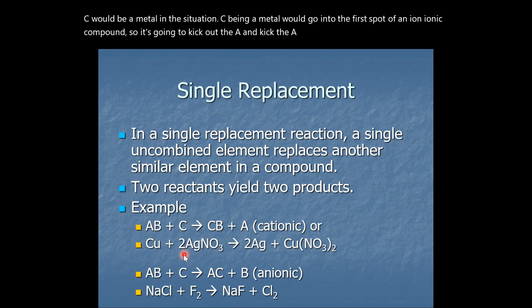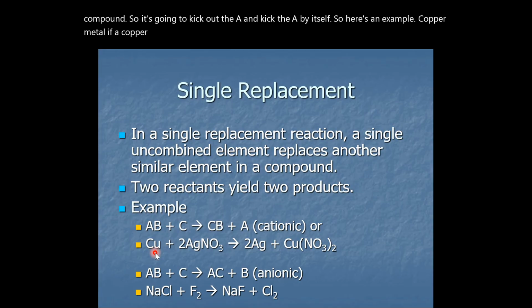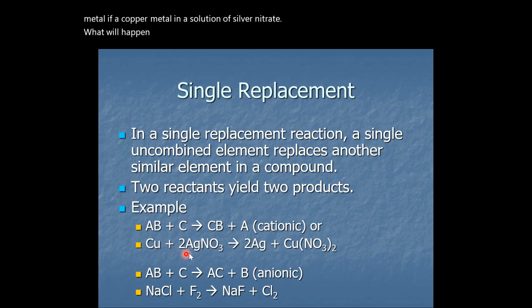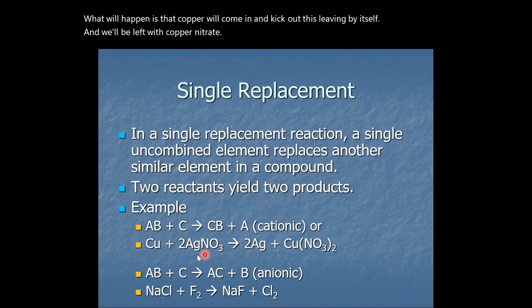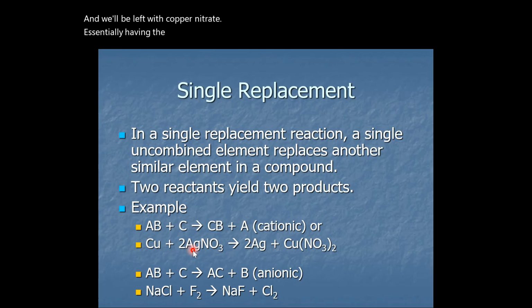Here's an example. If I put copper metal in a solution of silver nitrate, the copper will come in and kick out the silver, leaving silver by itself, and we'll be left with copper nitrate. Essentially, the copper and the silver, the two metals, switch places.